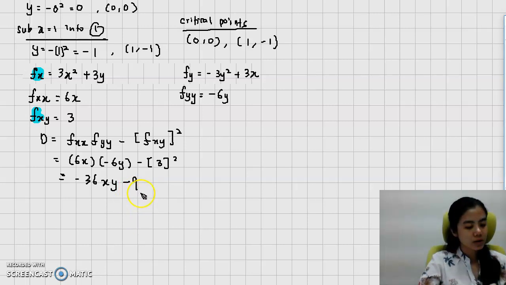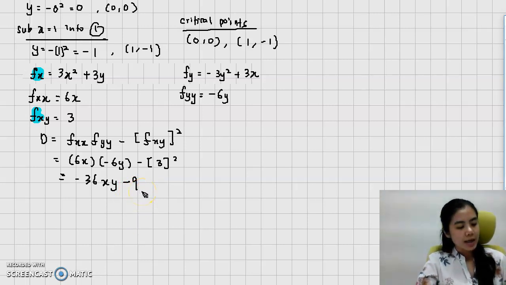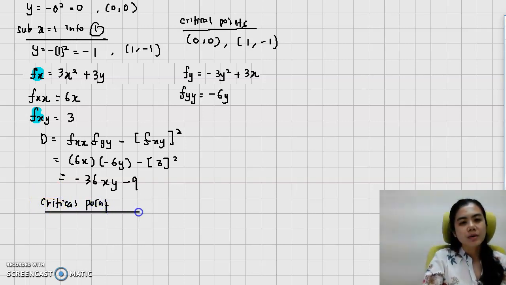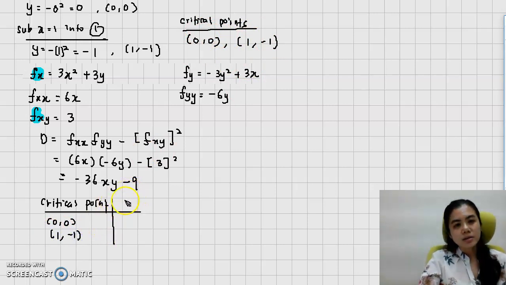Once you have obtained the discriminant equation, the next thing that you have to do is form the table. The table consists of the critical points. Your critical points are 0, 0 and 1, minus 1. The second column is your D value.